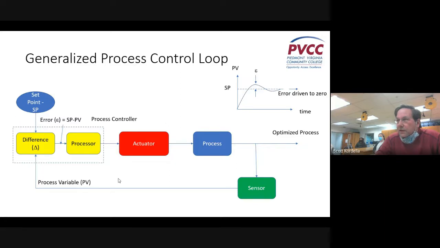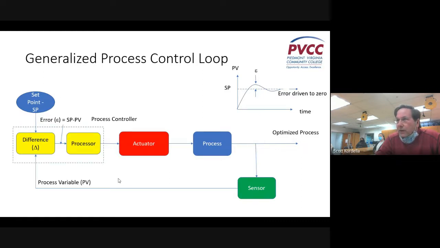And you can see in the top right depiction, the process variable as a function of time, with the set point being the dotted line, and an error, the difference between those two, epsilon, which ultimately we try to drive to zero. And so the things that we think about in this class are first, this overall process, then the effects due to noise.